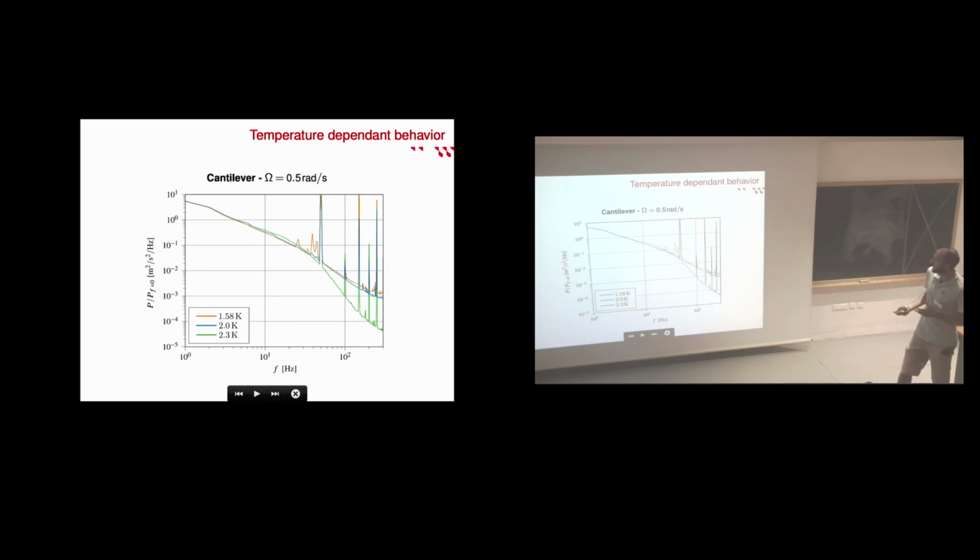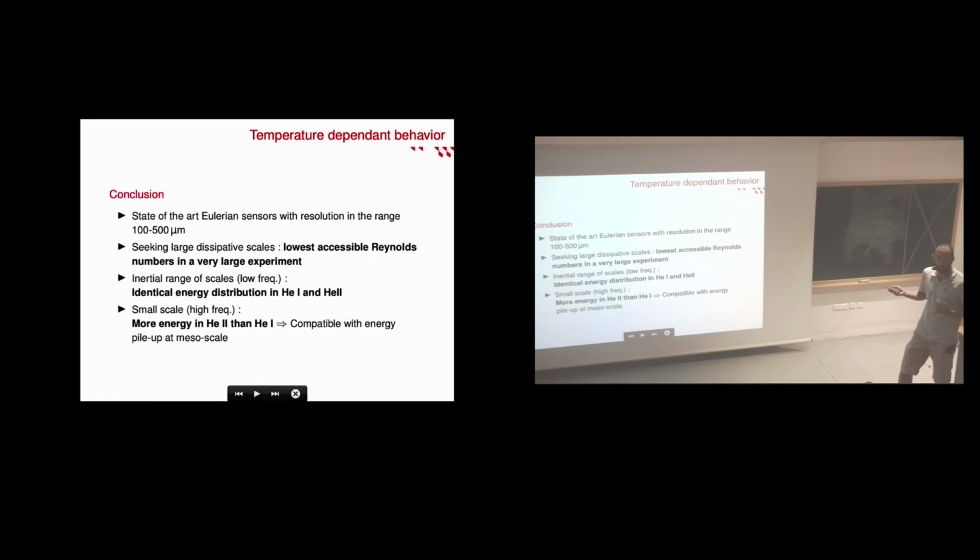We have addressed this problem of trying to resolve the dissipative length scales, or the smallest scales of the flow. The strategy was to use fixed resolution sensors of order 100 to 500 microns, and also to have a modest Reynolds number in a big tank.